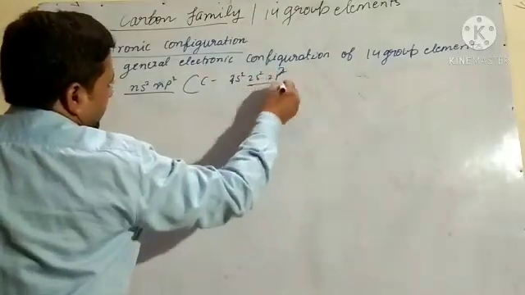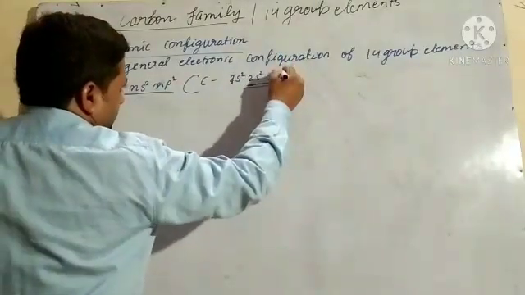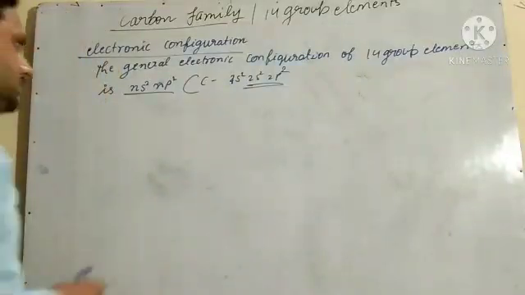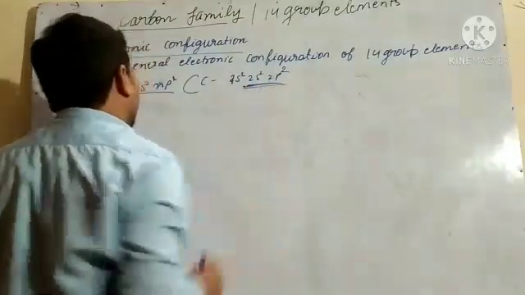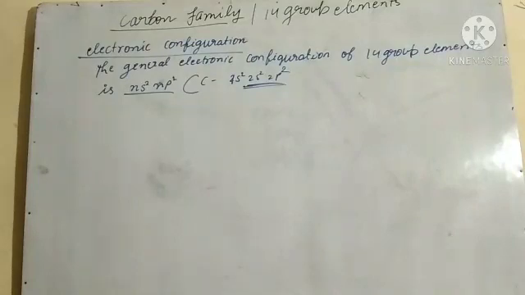So the last two we are taking as the general electronic configuration. So the general electronic configuration of these group 14 elements is this.